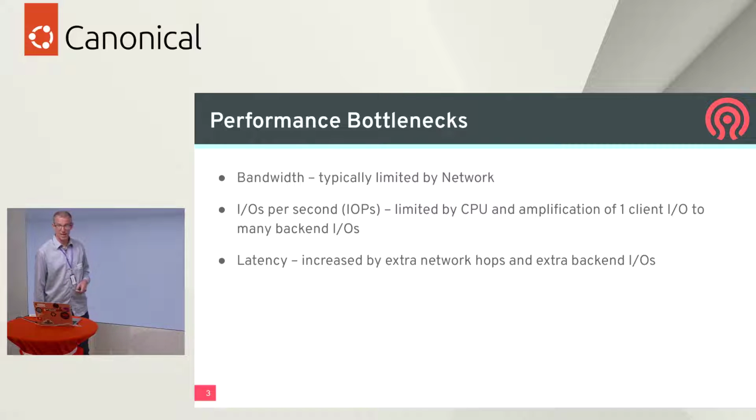What are the performance bottlenecks we need to look at here? So bandwidth, typically these days that's limited by the network connections between your Ceph nodes. IOs per second, IOPS, with HDD storage, you might be limited by the performance of the HDDs.